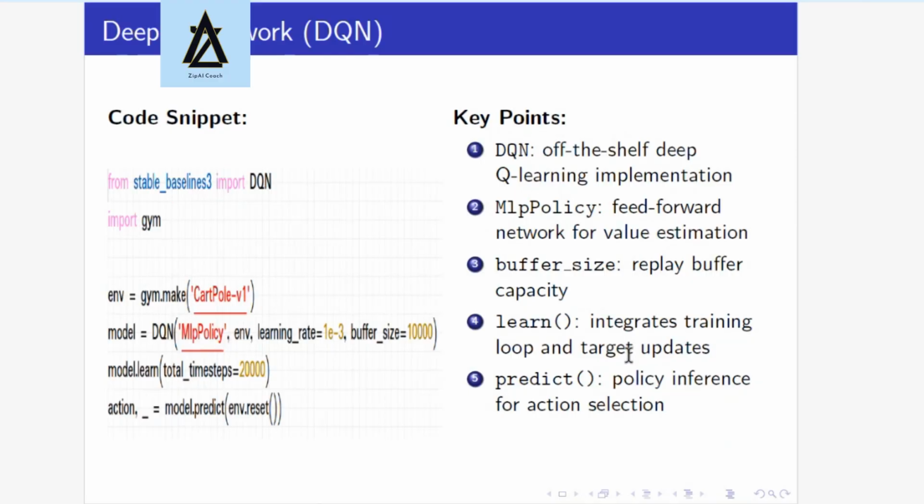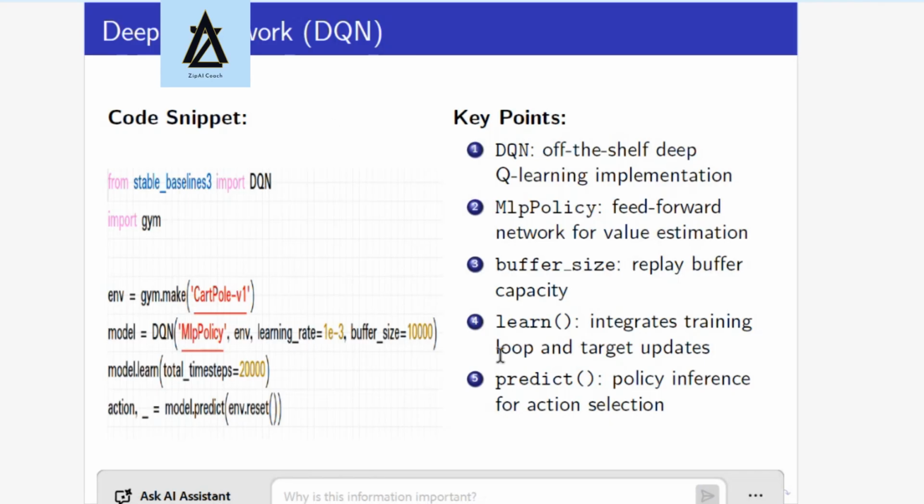Similarly, deep Q learning. Here also these are the key points. We can use these functions: MLP policy, then specify the replay buffer size, then learn, then predict. This is the code snippet.